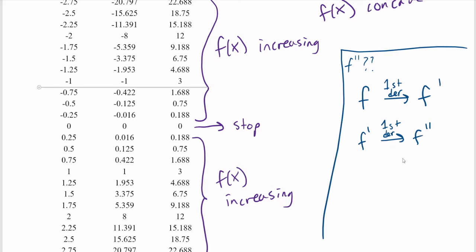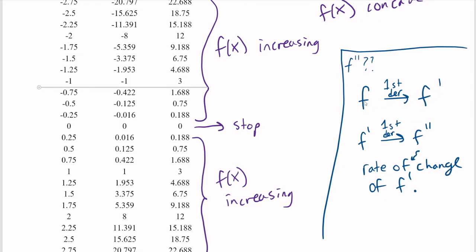So all I'm trying to say here is that this f double prime is just telling me about the rate of change of f prime. Right? So this f double prime is just the rate of change of f prime. But then how does it connect back to f? Well, let's follow this little diagram. F to f prime is a derivative, first derivative, so I'm just taking the rate of change.